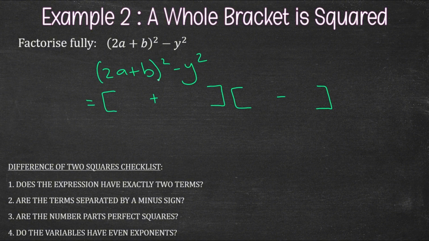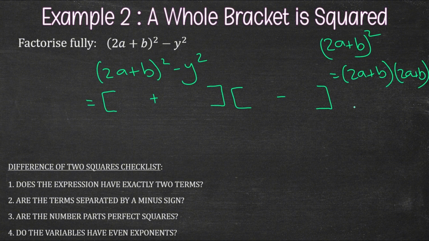Now we can have a look at our first term, which is 2a plus b all squared. What multiplied by itself gives us this? It is 2a plus b, all in brackets, multiplied by 2a plus b. It is the same as having x squared. What multiplied by itself gives us x squared? It is x multiplied by x.